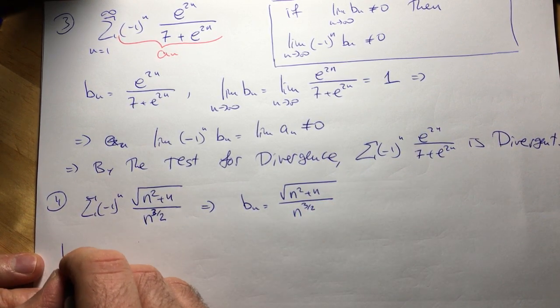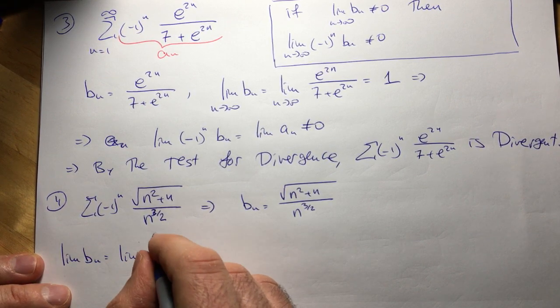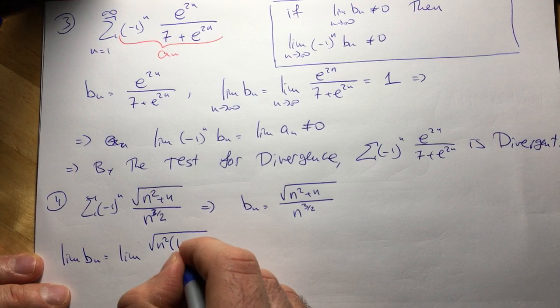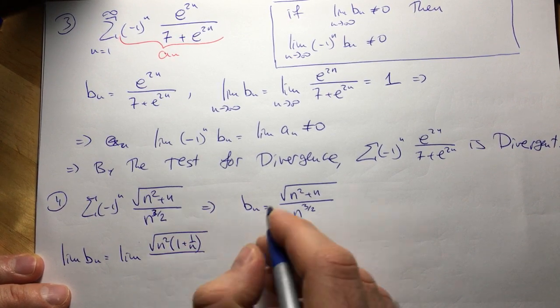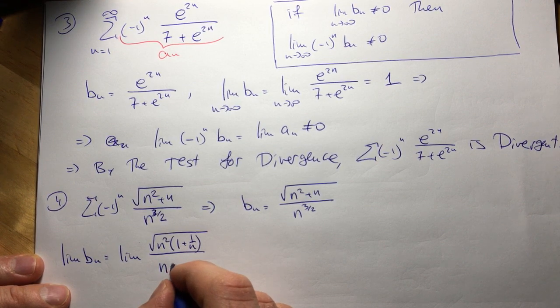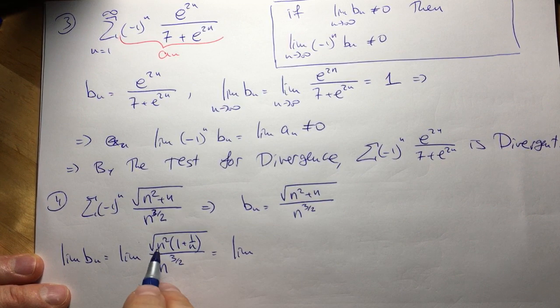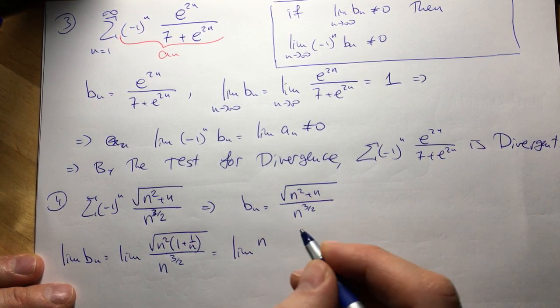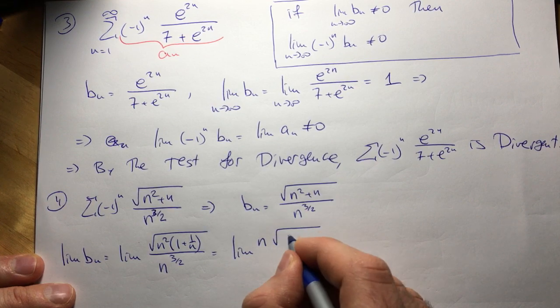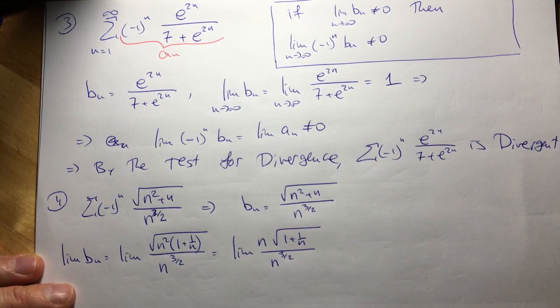The limit of b_n is equal to the limit of square root of n squared times 1 plus 1 over n, and I'm factoring n squared within the root, over n to power 3 over 2. This is equal to the limit, since n stands for positive integers only, square root of n squared is just positive n, just n, times square root of 1 plus 1 over n, over n to power 3 over 2.